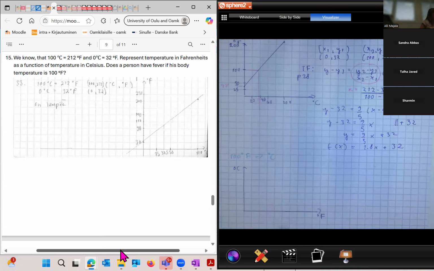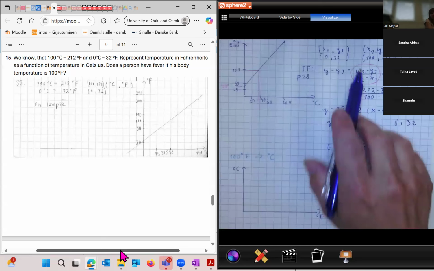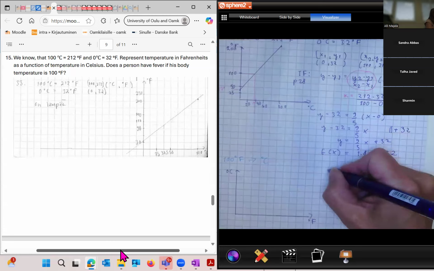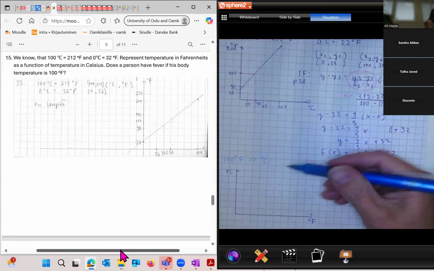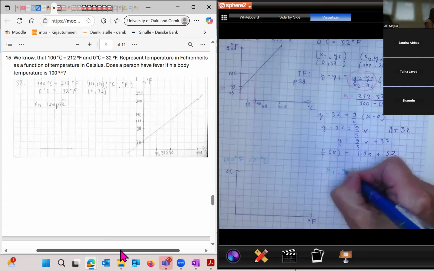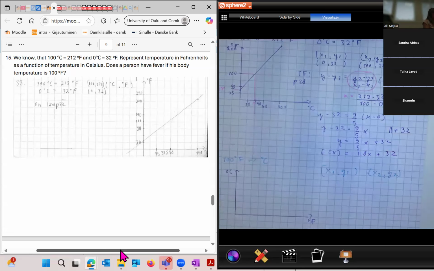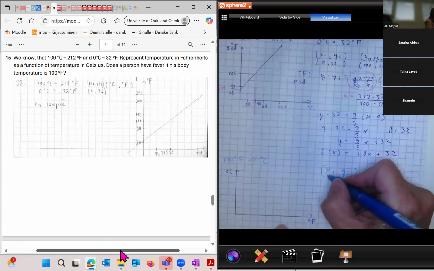And now I have again the same points, but they are the other way around, yeah. So of course I have 100 Celsius is 212 Fahrenheit, but if I put them as these points here, I have to put them the other way around. So maybe I use another color. X1, Y1, the points for this line that I can form the equation. I can also draw it if I want to. So if I want to have the Fahrenheit as an X, I have to put it here, yeah?